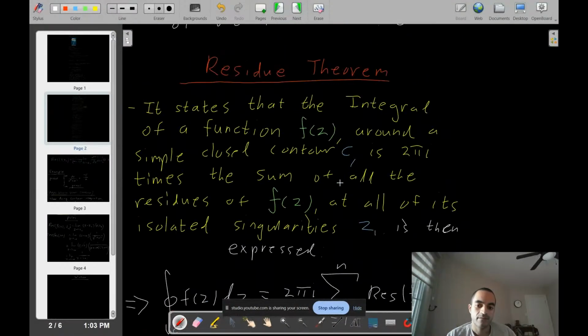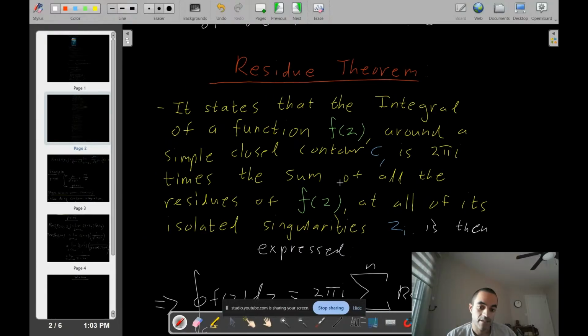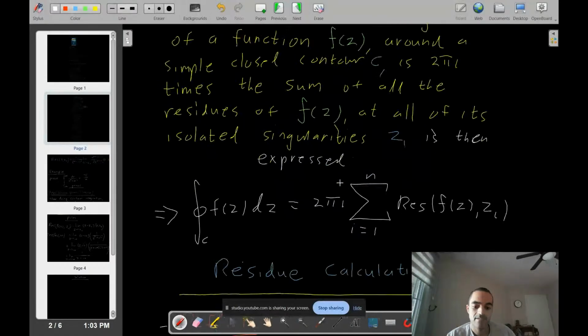All right, so the integral of a function f of z around a simple closed contour C is 2 pi i times the sum of all the residues of f of z. So you take 2 pi i times the sum of all the individual residues evaluated at z0 of the function, at all of its isolated singularities. z sub i is then expressed as this.